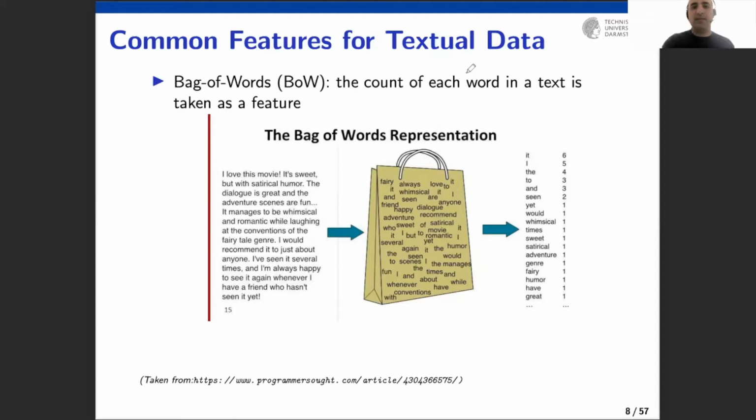In this way, you can easily map a text like this to a vector like what we can see on the right side. So bag of words is a method that takes input text and maps that to a vector of numbers, and each element of the vector is the frequency of one word in the text.